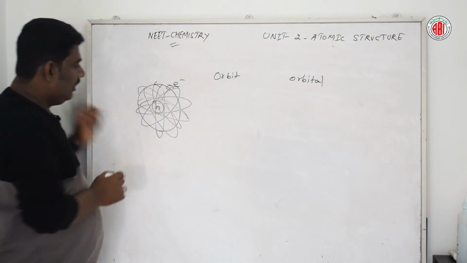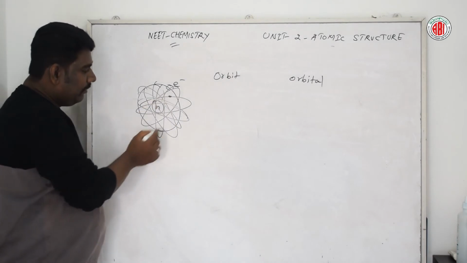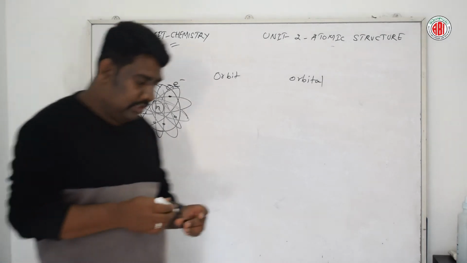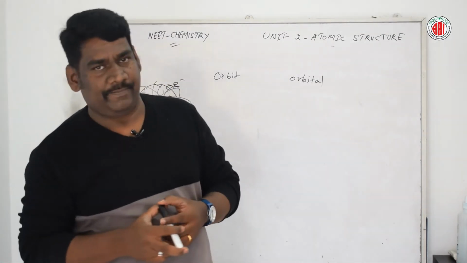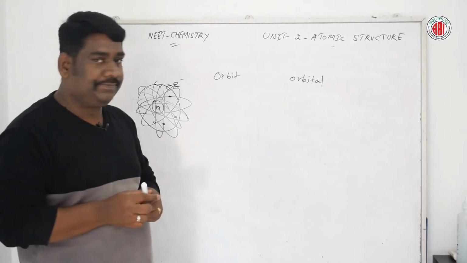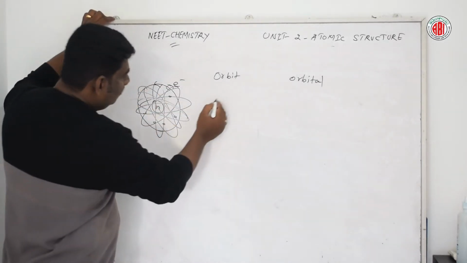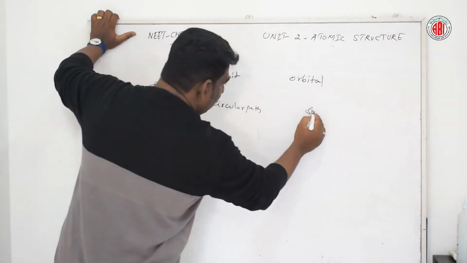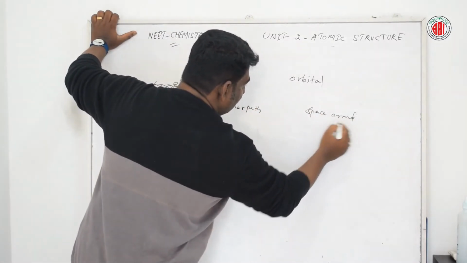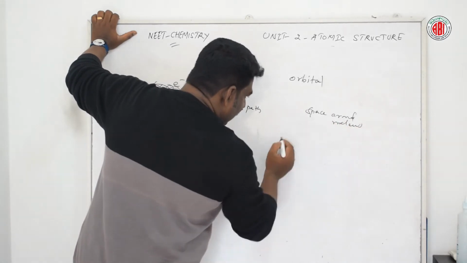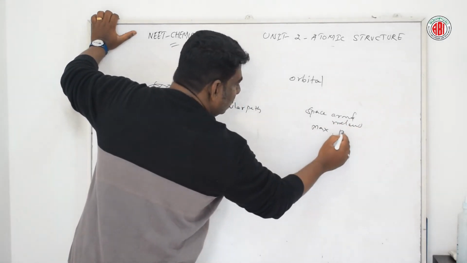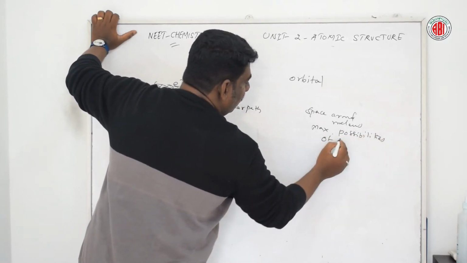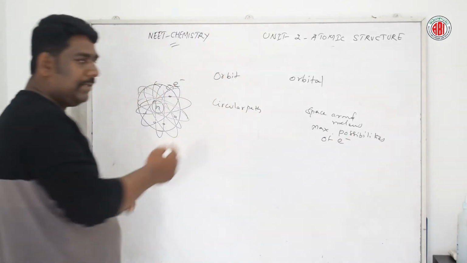So anywhere around the nucleus, that is called orbital. This is a definite circular path, and this is the space around the nucleus where the possibilities of finding the electron are maximum.